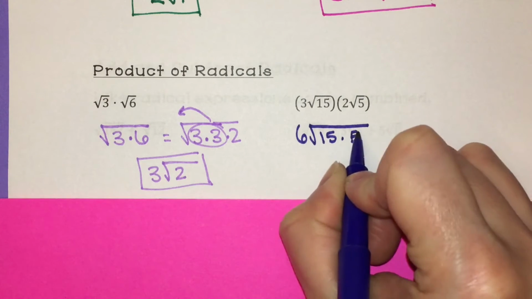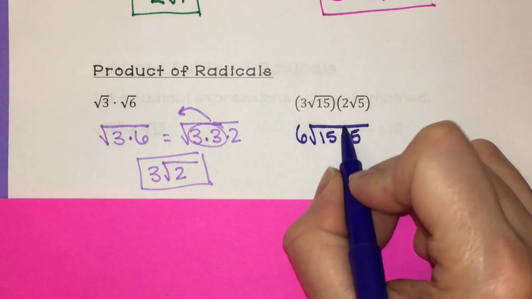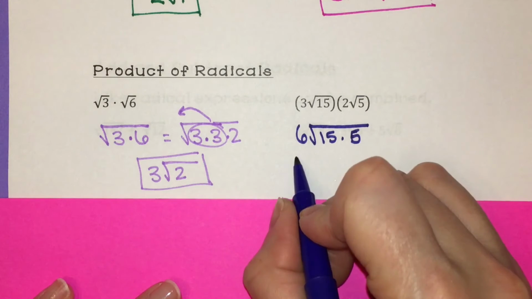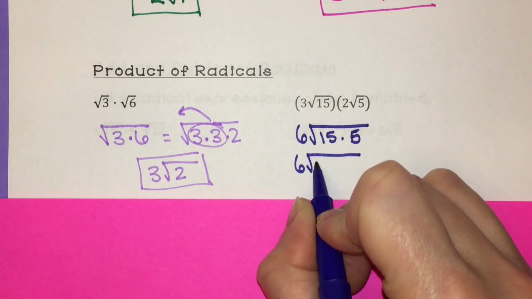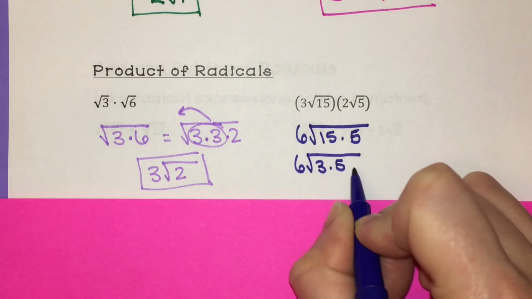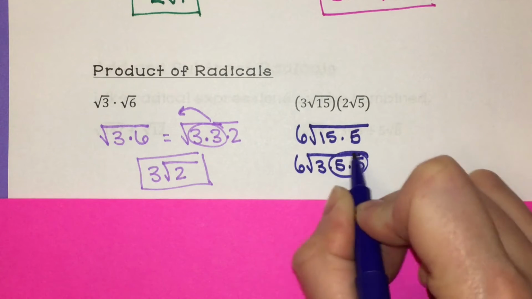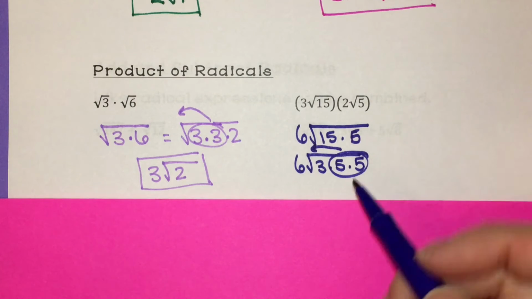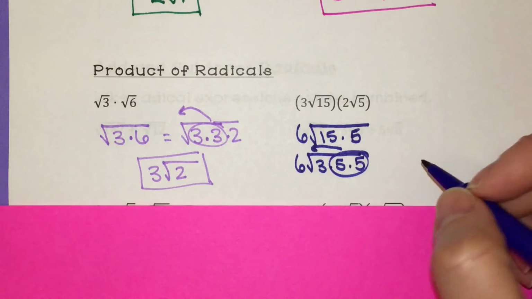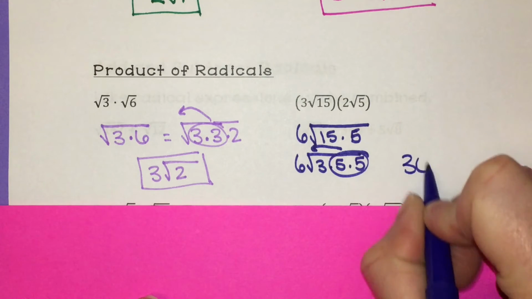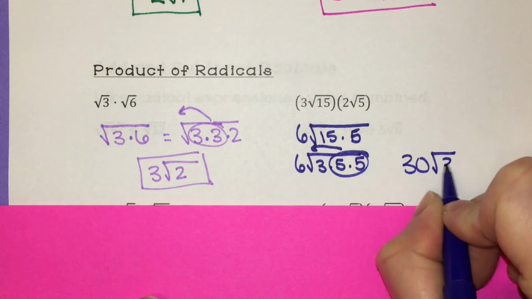Because they're underneath, they have to stay underneath, and we're just multiplying together. Well, I can break down 15. So we have 6 square root of 15 is 3 times 5. And that's multiplied by 5, so that means a 5 can come out. So we have to multiply it by what's already on the outside. So 6 times 5 gives us 30, and we're left with a square root of 3.